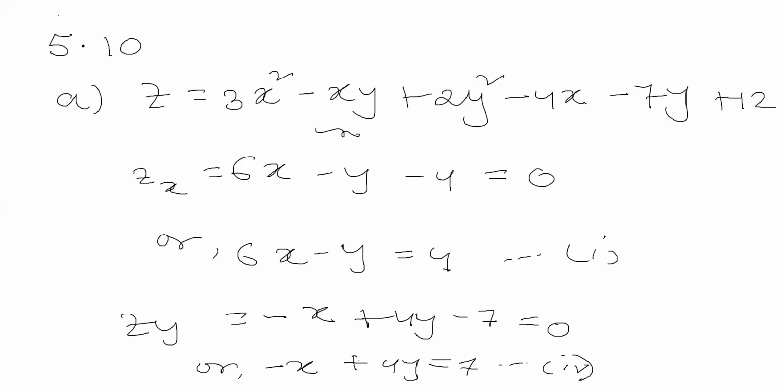Okay, now let's work on this. So if I multiply my equation number 1 with 4, then I will get 24x minus 4y is equal to 16.